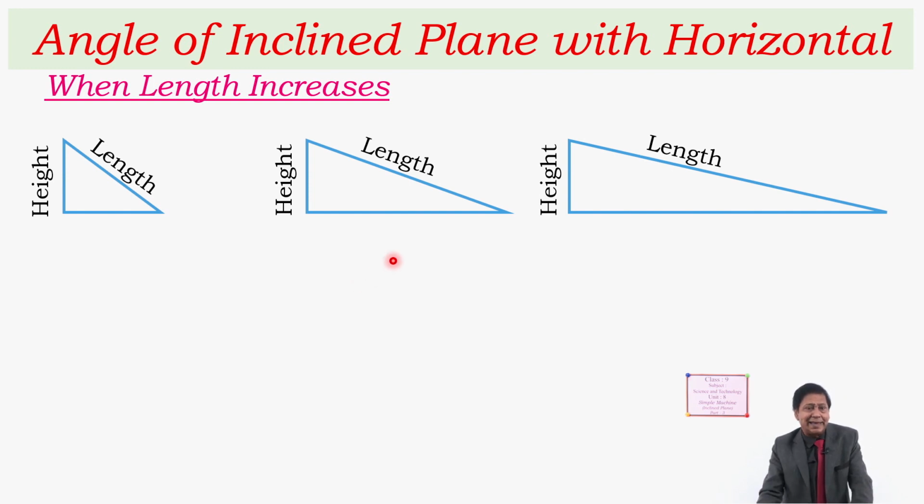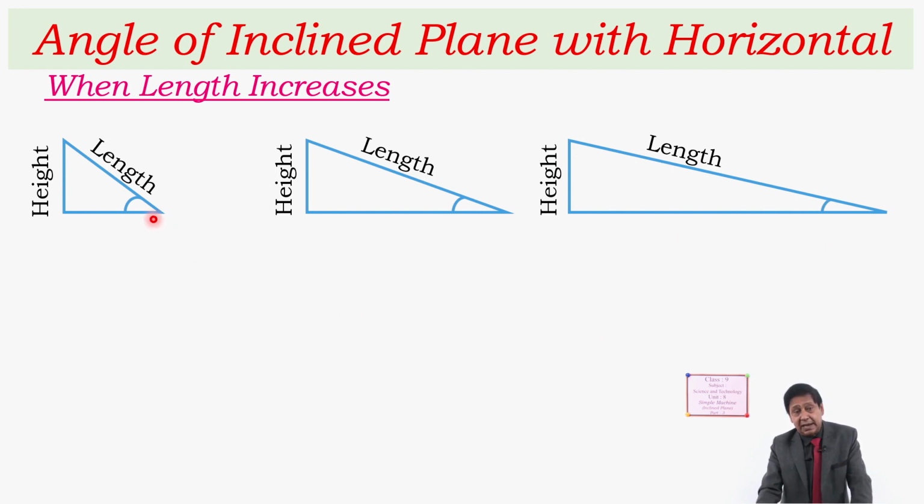Now if the length of the inclined plane is increased, keeping the height constant, what will be the effect on the angle of the inclined plane with the horizontal? This angle, here it is like this, but in the second case the angle is decreased. In the third case, the angle is decreased.